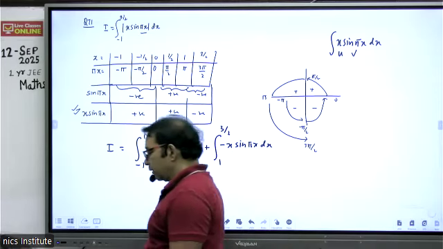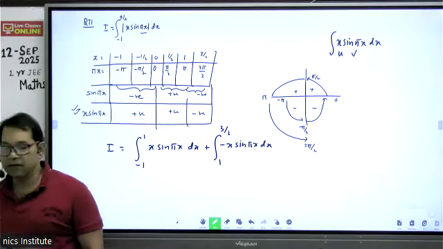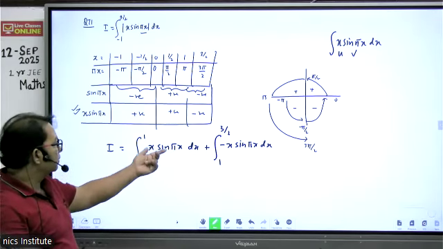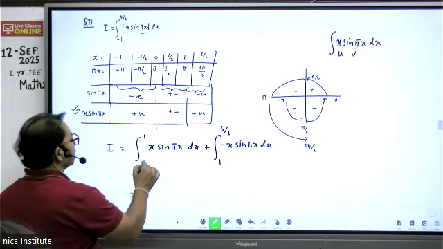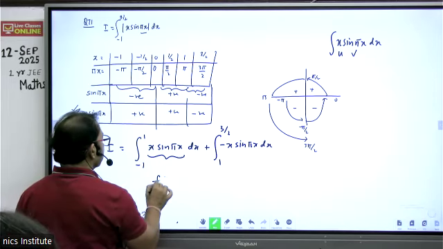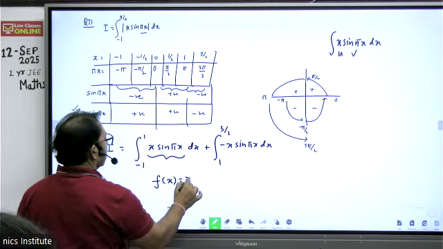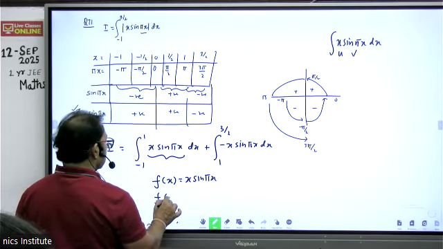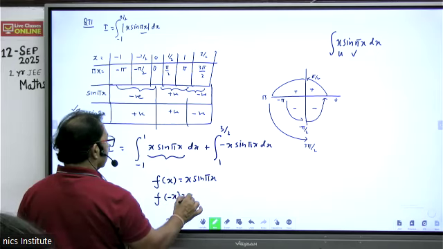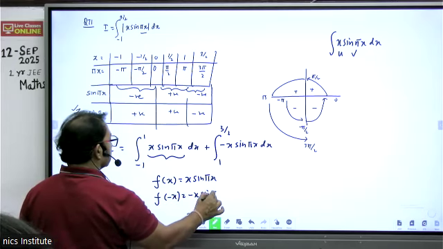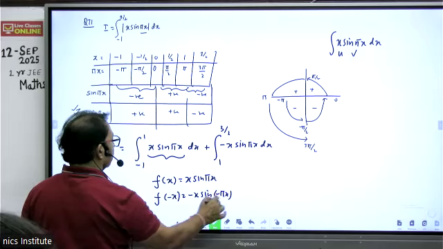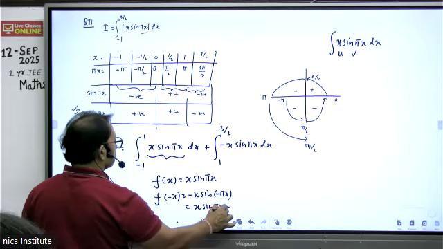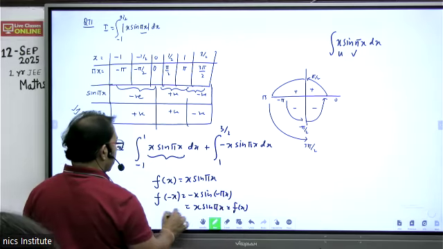Also one more thing. In the first part of the interval, limits are -1 to 1 and this is an even function. Why is it an even function? If I replace x by minus x, the function remains unchanged. It is an even function.